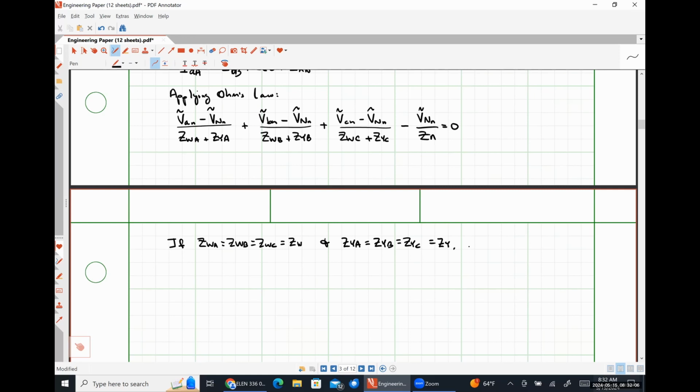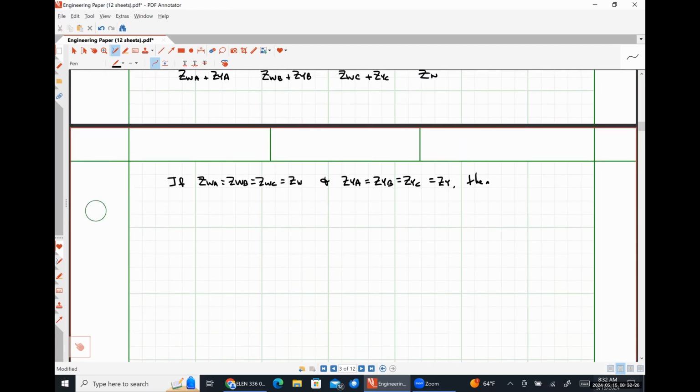Then our expression can be reduced. So I'm going to move that minus VNN over ZN term, sorry, that should be a capital N there, over to the other side of the equal sign since it's the only negative thing.